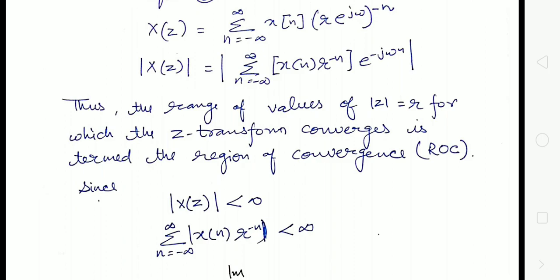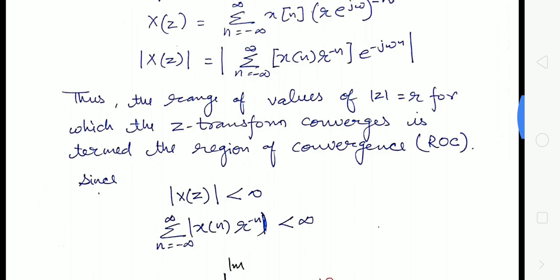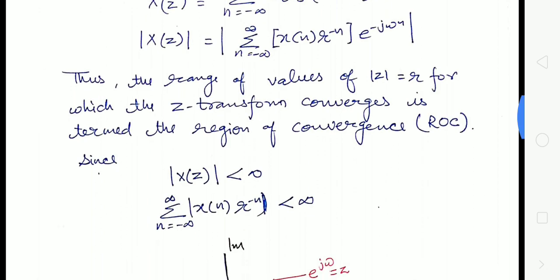In the same way, on the right hand side, this mod should also be less than infinity. The mod of e raised to the power j omega n is 1. So we have written here summation n is equal to minus infinity to infinity mod x(n) r raised to the power minus n is less than infinity.